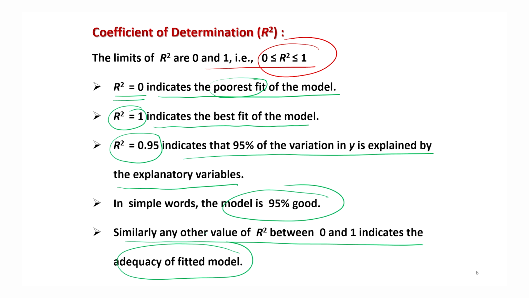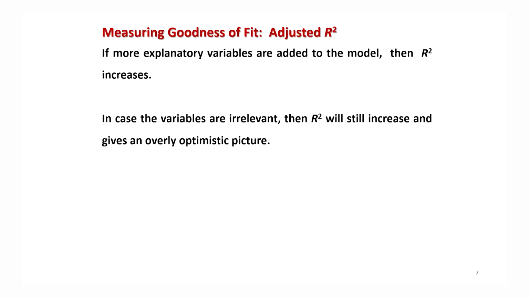Now, whether R square equal to 0.65 indicates a good model or a bad model in a given setting, that decision I leave to the statistician who is handling the data. There are many constraints on which we have to base such a conclusion. But this is the way we interpret the value of R square.